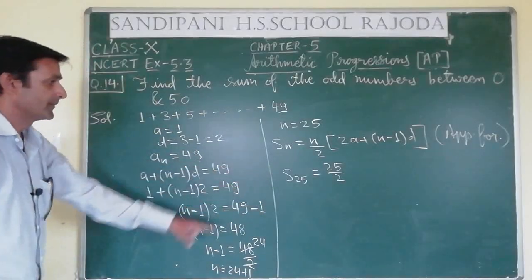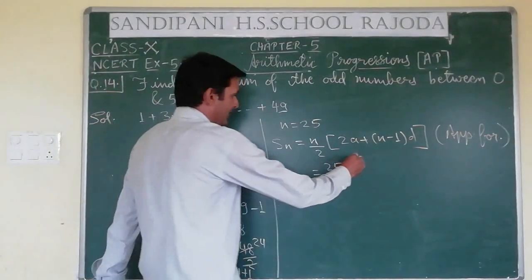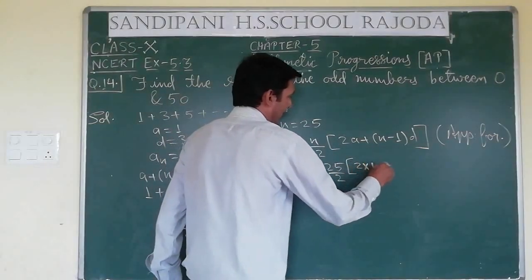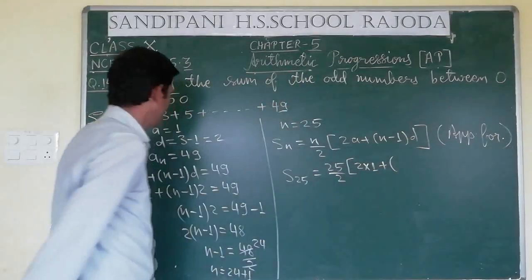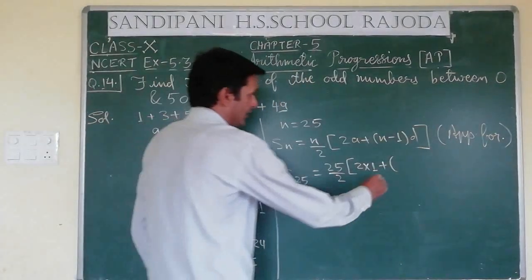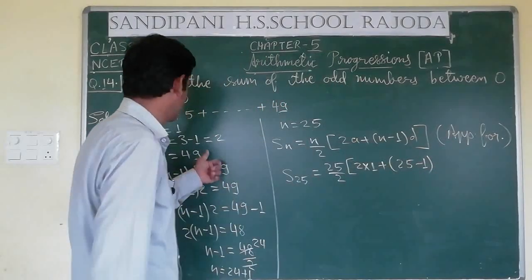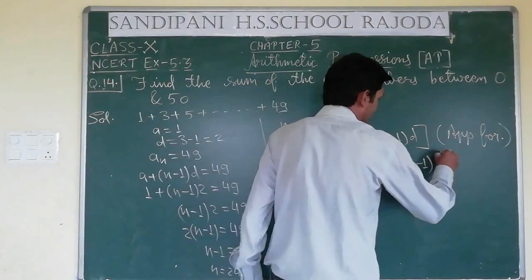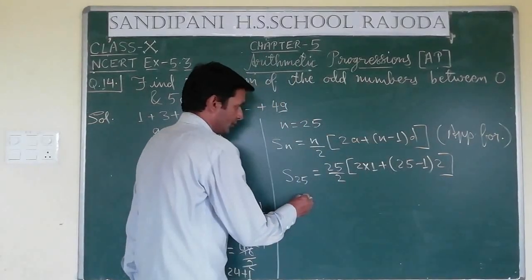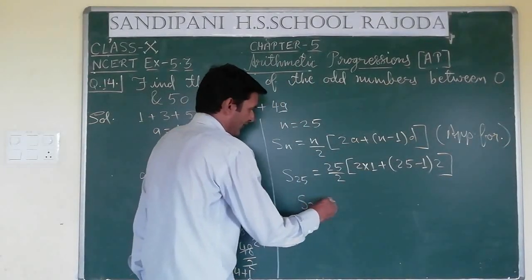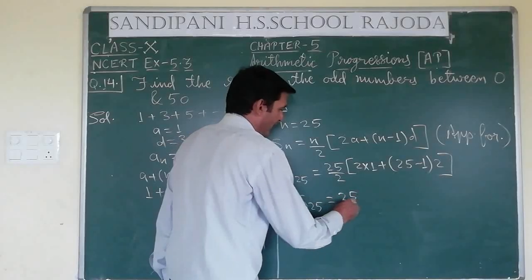So 25 by 2, 2a means 2 into 1, and afterwards n minus 1 will be there, means 25 minus 1, into the common difference. Common difference is what? Here it is 2. So the sum of 25 terms is equal to 25 upon 2.